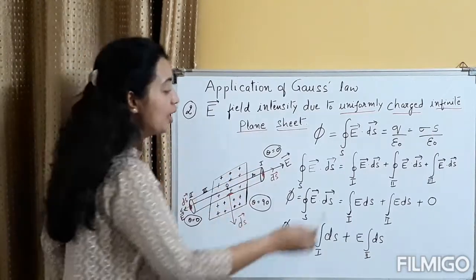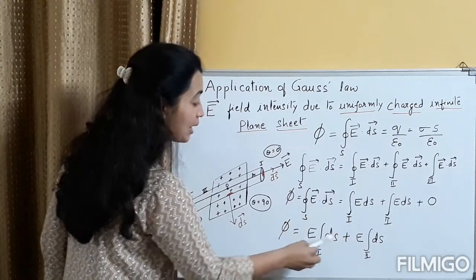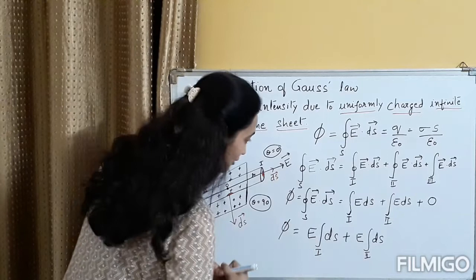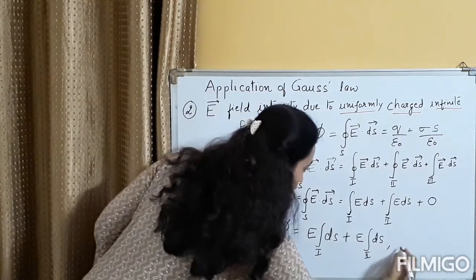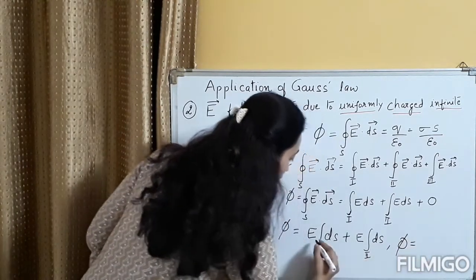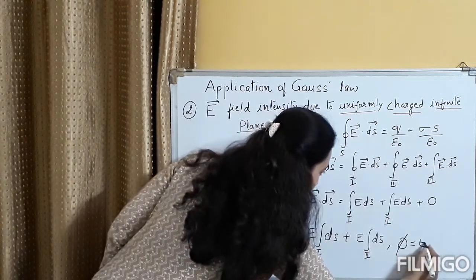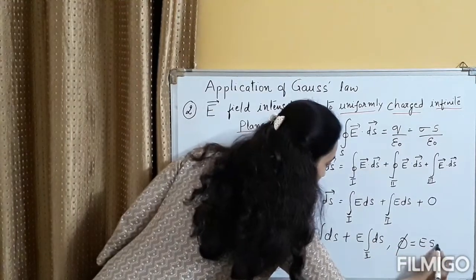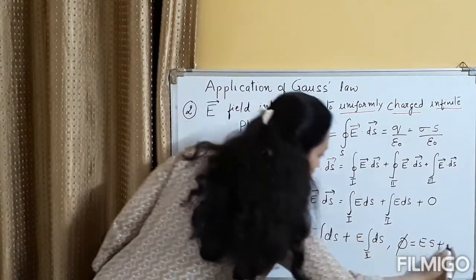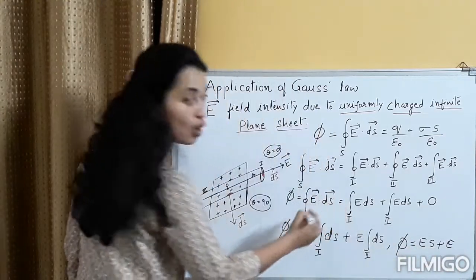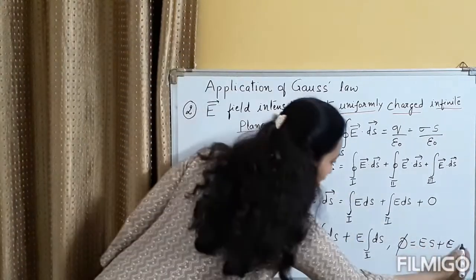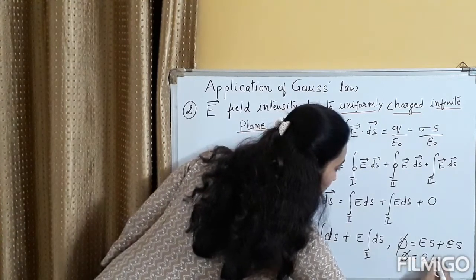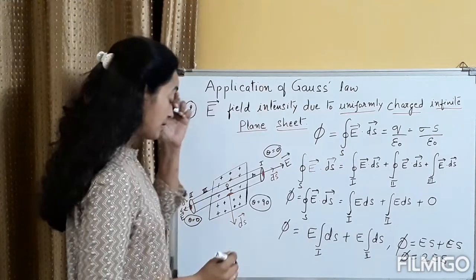Now you must be getting the advantage. Since the electric field is constant, we are able to take it out of the integration. So you get these 2 steps, and finally we can write phi is equal to E, integration of ds, this whole surface gives you S, plus again this term E, integration of ds gives you S. We conclude that phi is equal to 2 times ES.